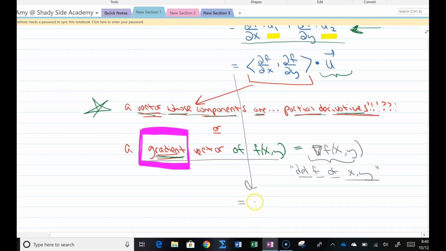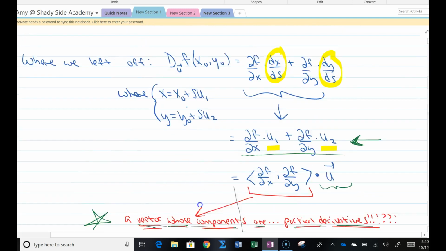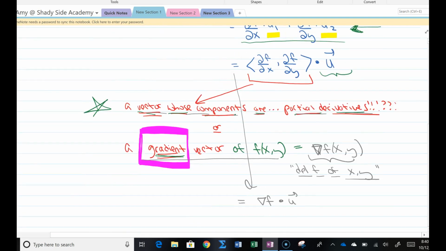So now I'm going to refine this statement one more final time and say that this is equal to the dot product of the vector del f and u. And let's not forget what this all meant: this all equaled the directional derivative of the function f at the point x naught, y naught in the direction of vector u.